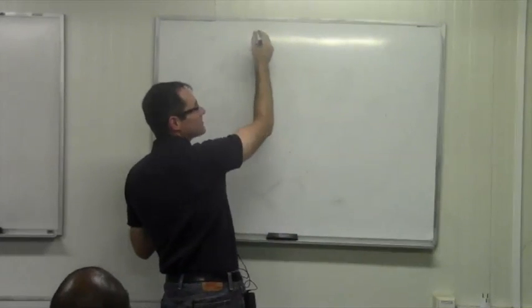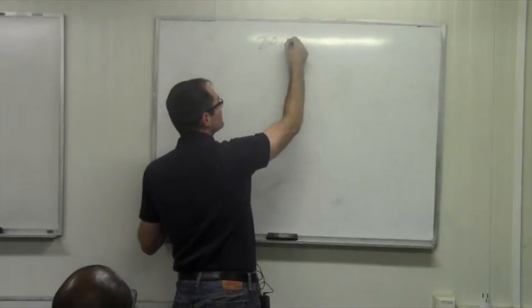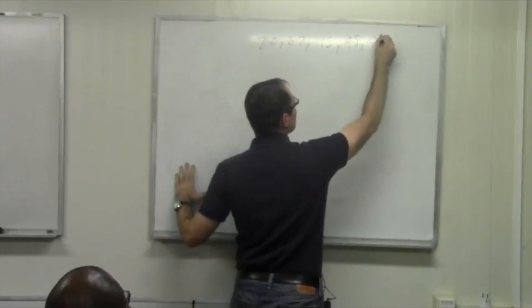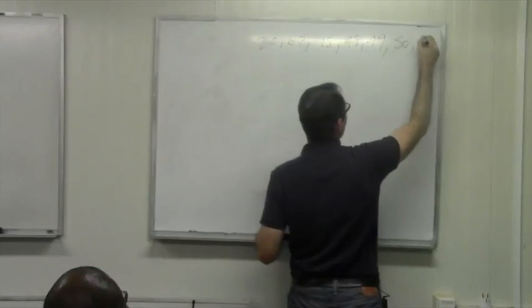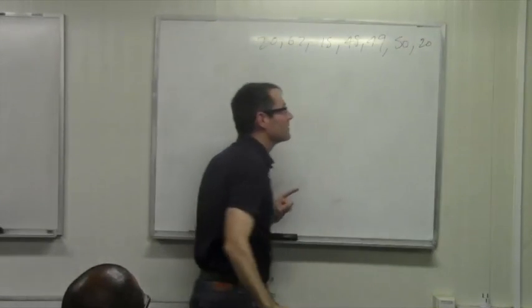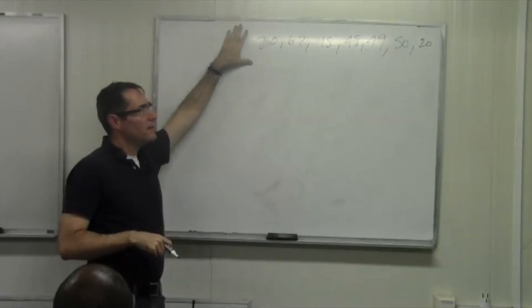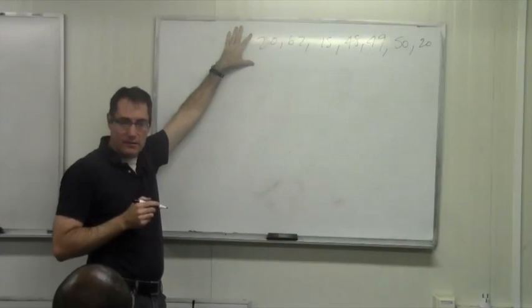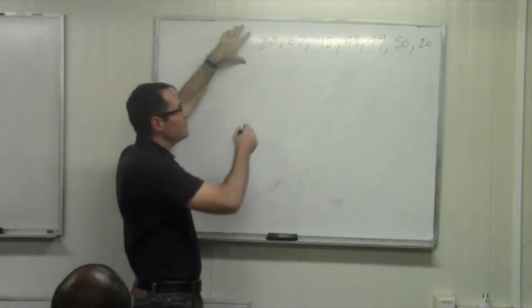All right. Let's say we've got some values. 20, 62, 18, 48, 49, 50, and 20. OK? How are we going to find, first of all, let's find the mean. That's an easy one, right?